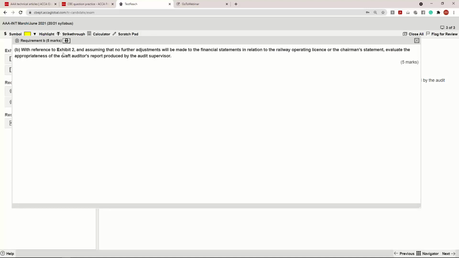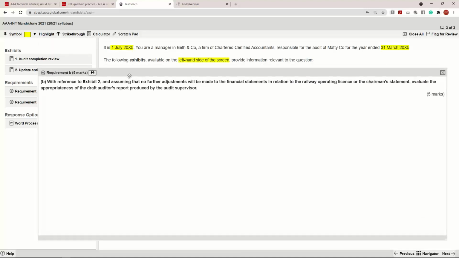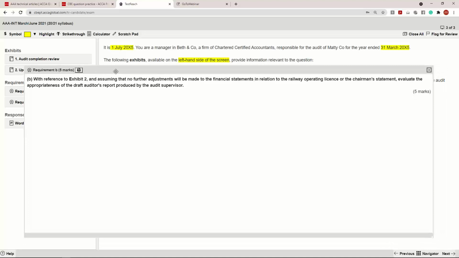With reference to Exhibit 2 and assuming that no further adjustments will be made to the financial statements in relation to the railway operating license or the chairman's statement, evaluate the appropriateness of the draft audit report produced by the supervisor.